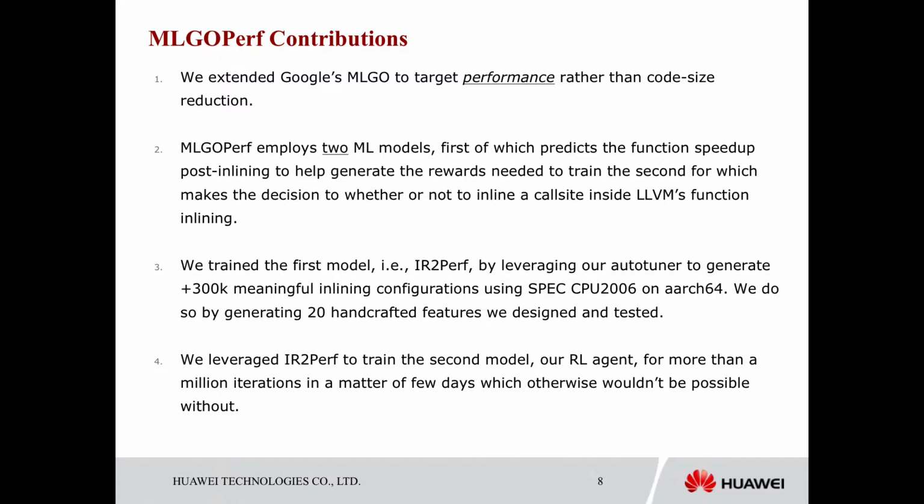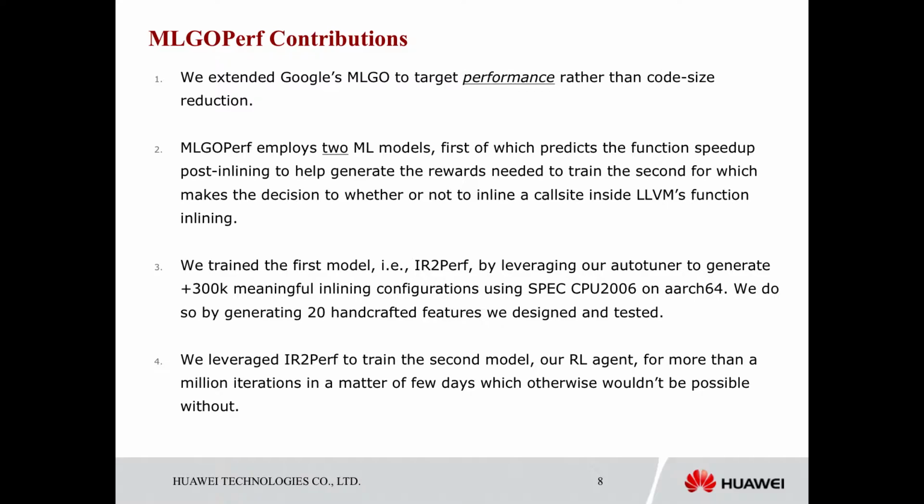As you know, SPEC has multiple datasets, and the ref dataset is the largest one, so we couldn't afford to run all of those iterations with it. We used the train dataset, which normally takes around 10 to 30 seconds to finish. We thought that by leveraging the train dataset, we could train a model that eventually helps us outperform on SPEC's ref dataset.